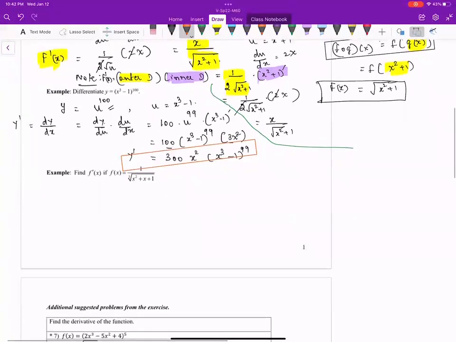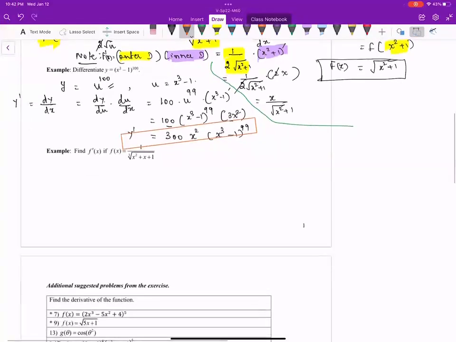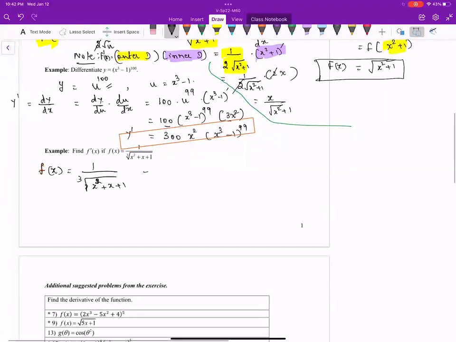Next example, find f prime x if f of x equals 1 over cube root of x squared plus x plus 1. So we want to write this f of x in a different way. 1 over the cube root of x squared plus x plus 1. So 3 is the index.